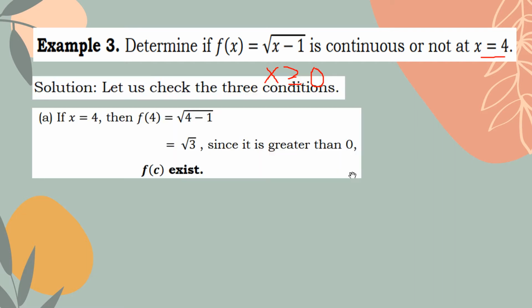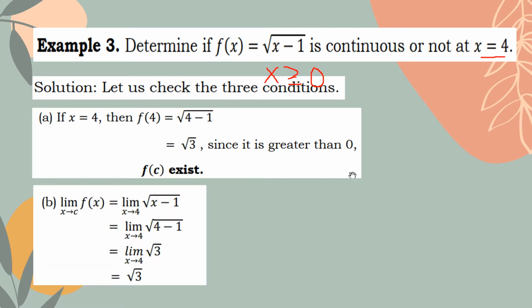Okay, using the conditions here, so 4 minus 1 is 3. Square root of 3, it is greater than 0, so f of c exists, or f of 4 exists. Next, same. Now, because wala man tayo restrictions, we can immediately use the direct substitution. Only that, you have to take the limit first.